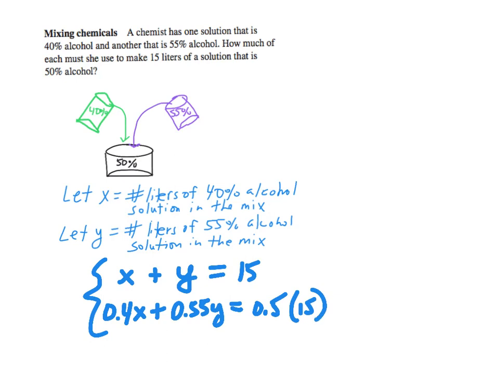So the second equation is about the content of alcohol. This is just the mix of the two solutions totaling 15.